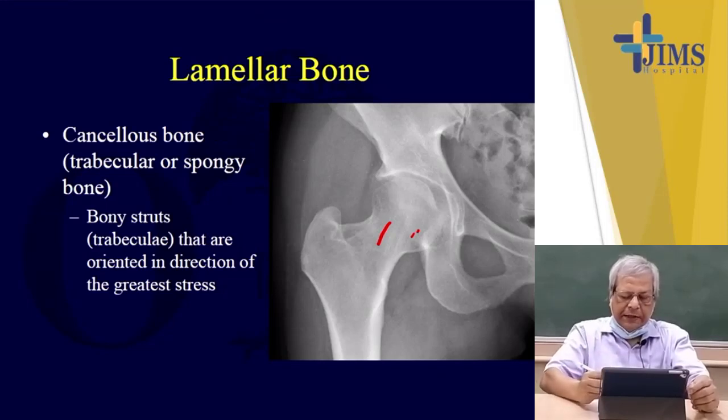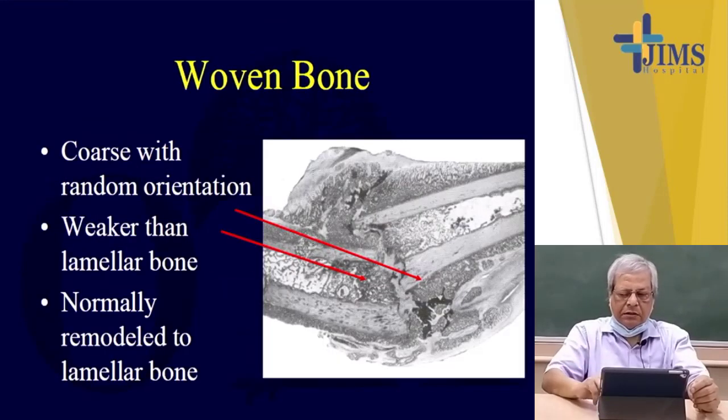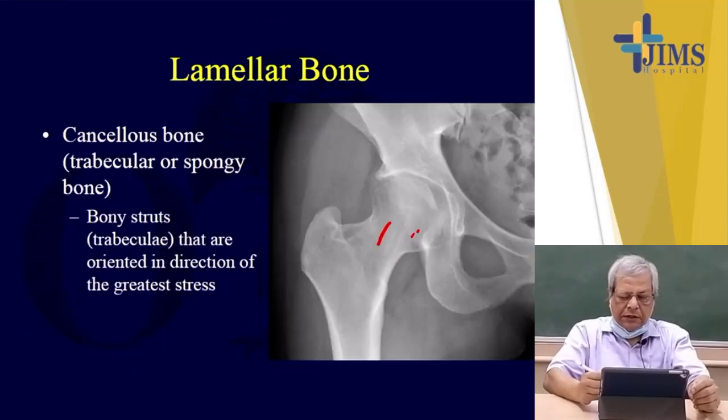That's why you can see on the medial side, posteromedial side of the femur, this cortex is much thicker than the lateral cortex. This is as the body weight goes through this line. These trabeculae are arranged according to the line of stress.